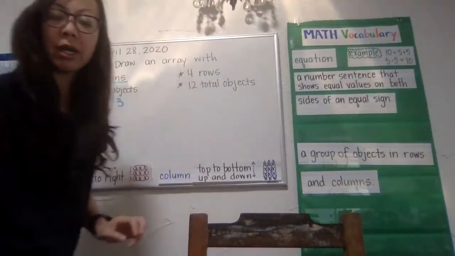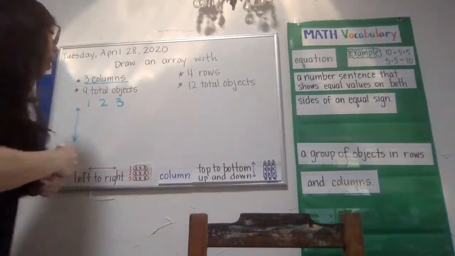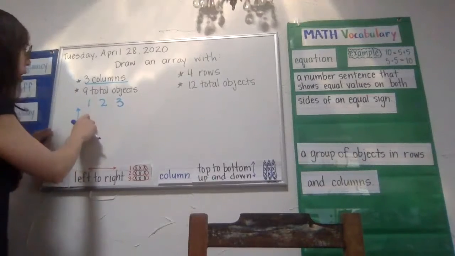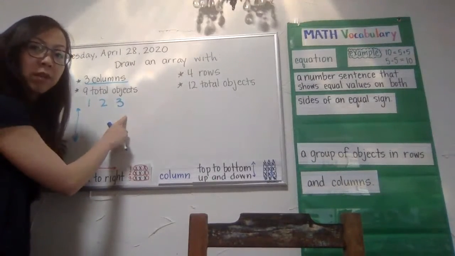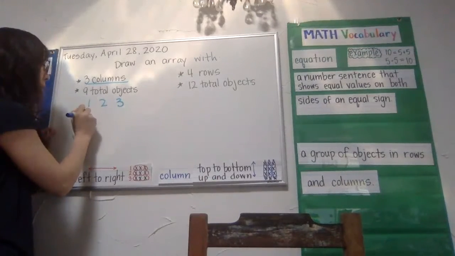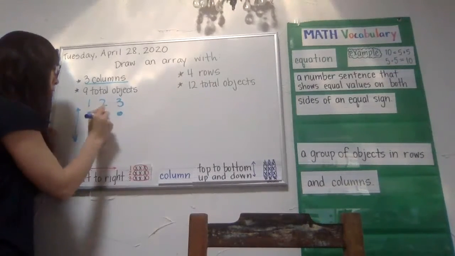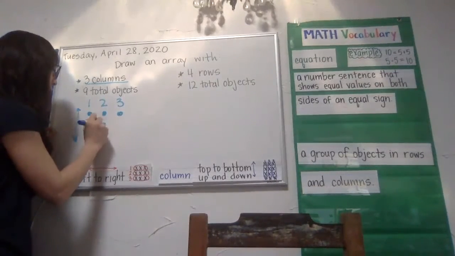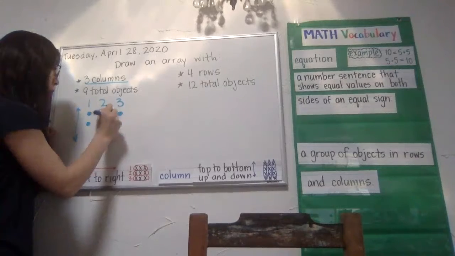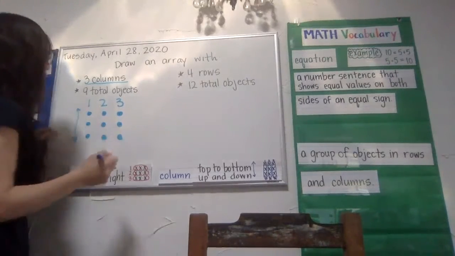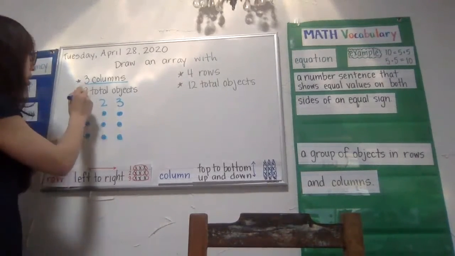If I want 9 total objects in here, I'm not sure how many that's going to be in each. The way I know that I'm going to have 3 even columns is I'm going to just draw my objects in my columns. So 1, 2, 3, 4, 5, 6, 7, 8, 9. See how I have 9 total objects now?